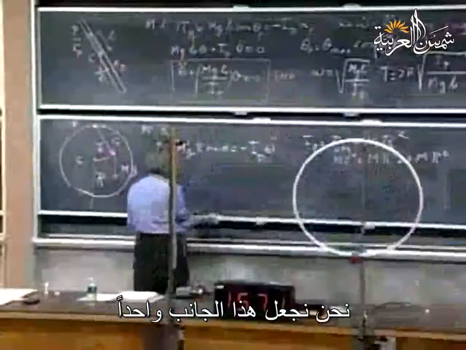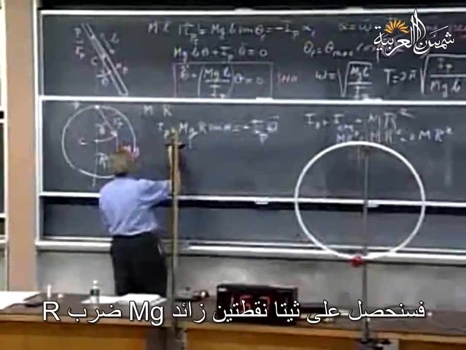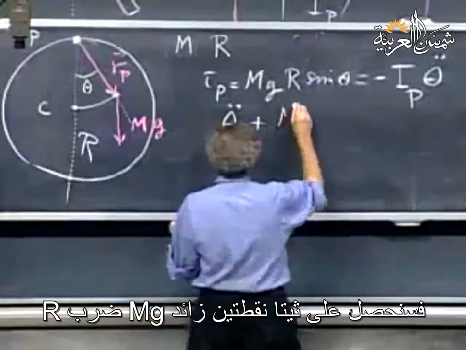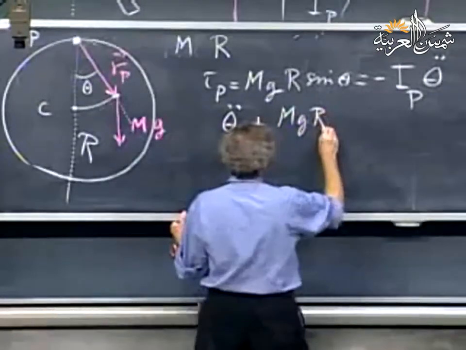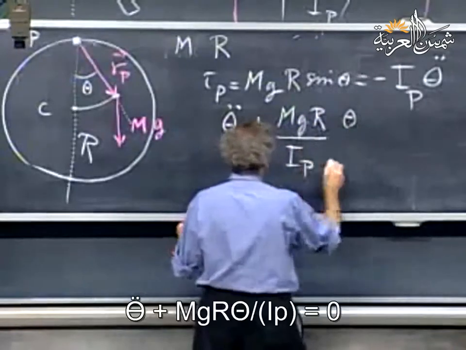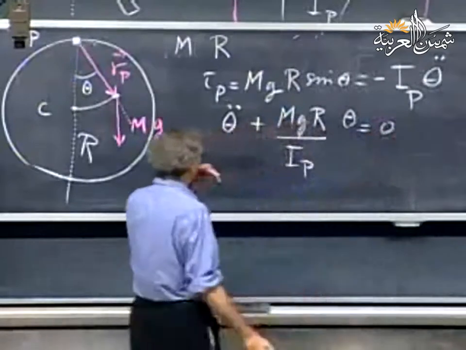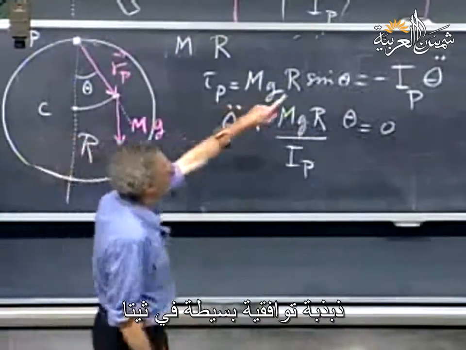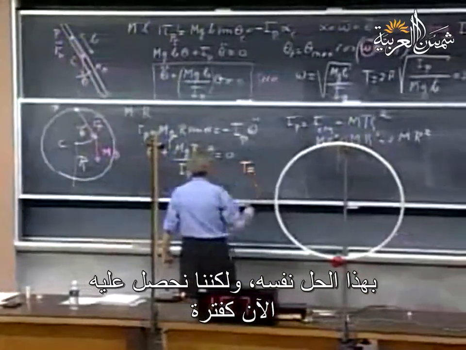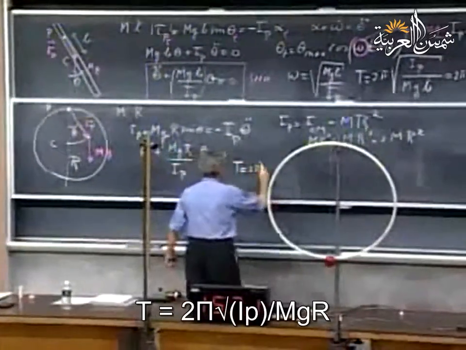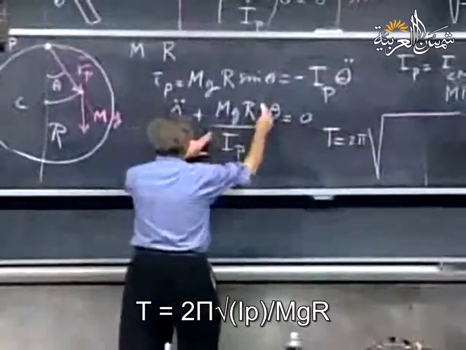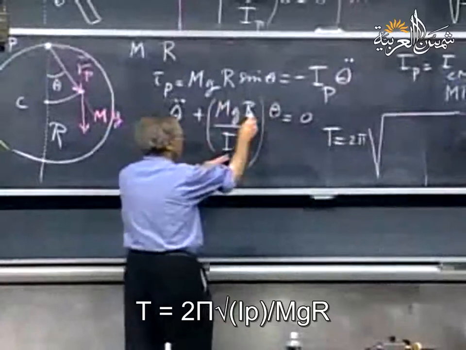So we bring this to one side. So we're going to get theta double dot plus mgr, we make this theta, small angle approximation, divided by I_P equals 0. Simple harmonic oscillation in theta with exactly that same solution. But now we get as a period 2 pi times the square root of I_P divided by mgr.